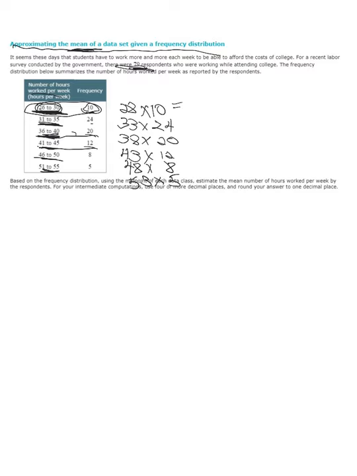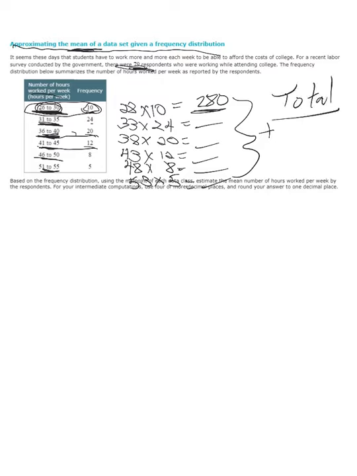I don't have my calculator, so you are going to have to do this on your own. I'm not going to get a final answer here. That's going to be 280. This is going to be a certain amount, and so on. I'm going to add all those up, get my total, and then take that total and divide by the total number of people, which was 79.